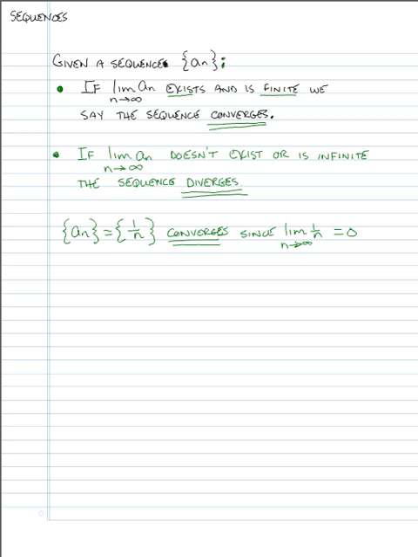On the other hand, if we look at the sequence of b sub n that is defined this way, a term is determined by taking -1 and raising it to the nth power, if we're talking about the nth term, times the fraction n times n plus 1, all divided by 2.